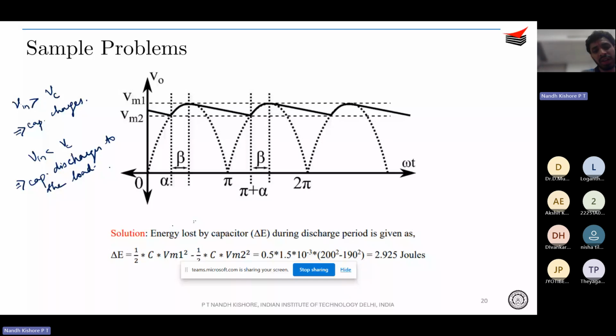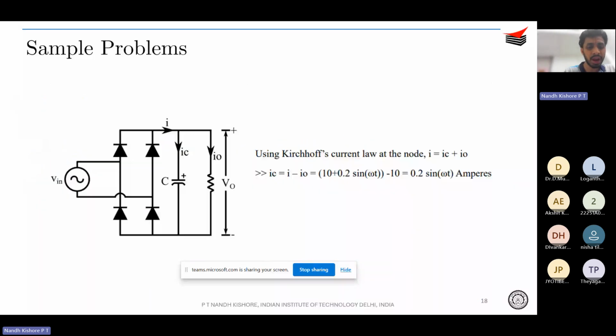So that is why you see the discharging profile. Over here it's a straight line, but it will actually be an RC discharge, right? Because you have a C and it will discharge into R, correct? During the discharging period. Okay, fine.